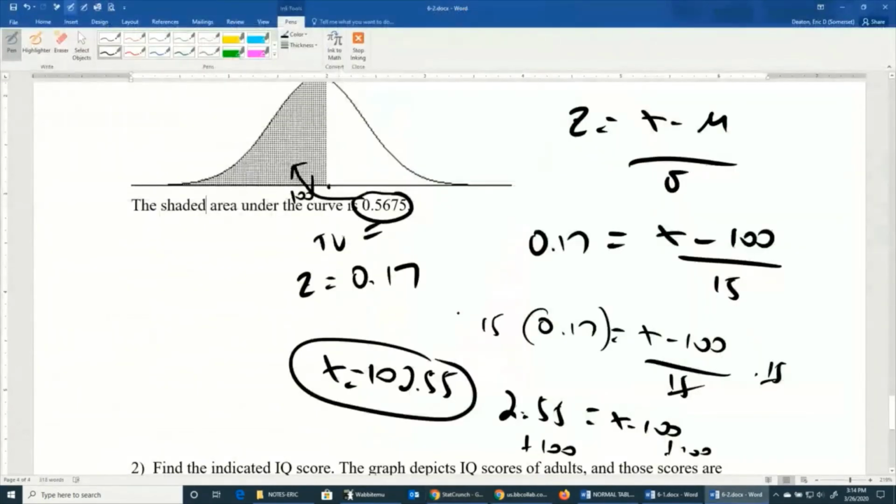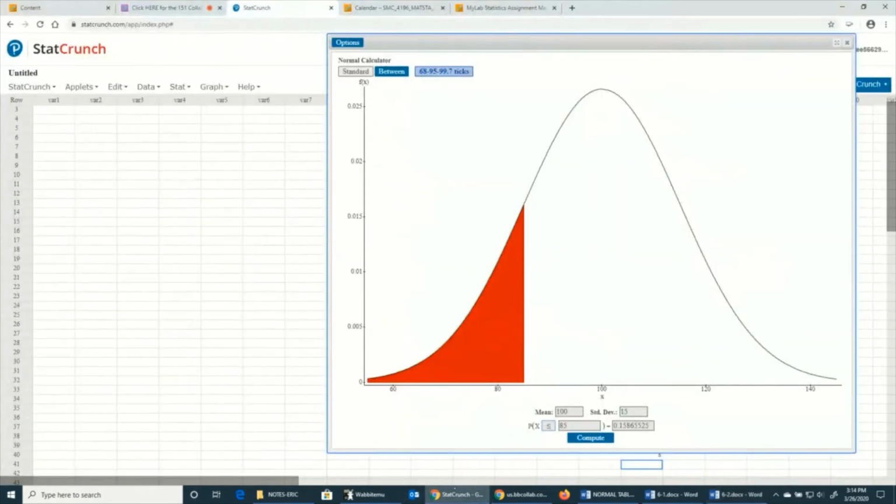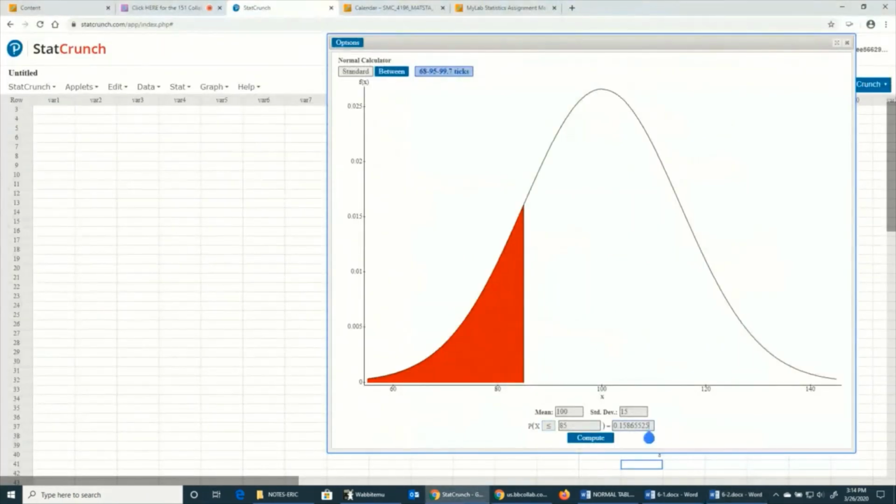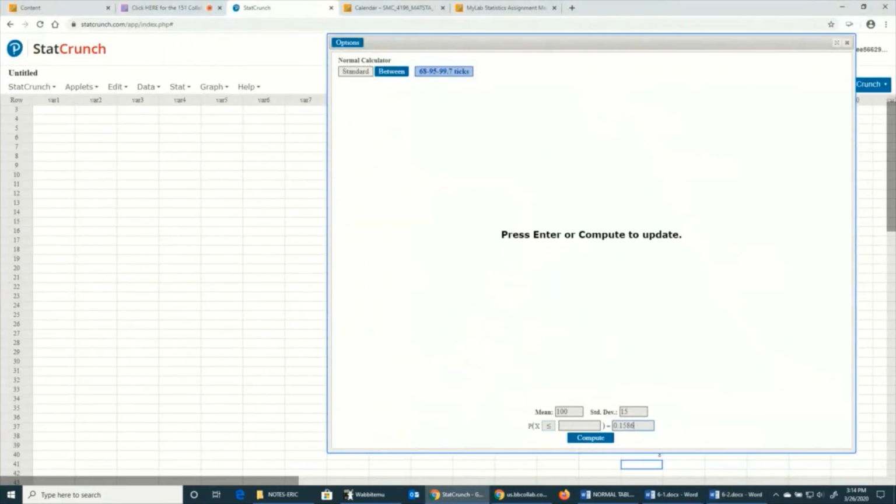However, we're looking for the z-score, or the x value, I should say. Get that, x value. We're given the area. Area is the same thing as probability, and the reason I say that is because P represents probability. The probability is 0.5675, which is the answer we would get.